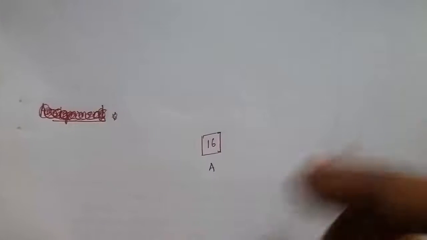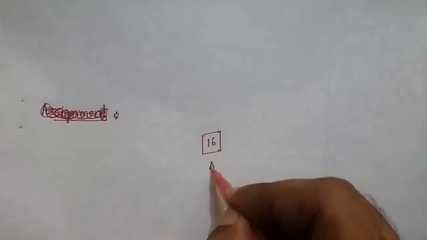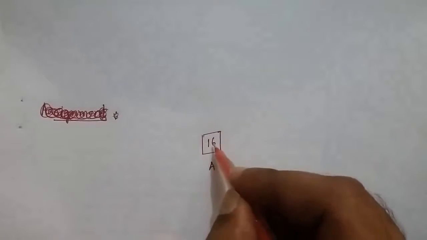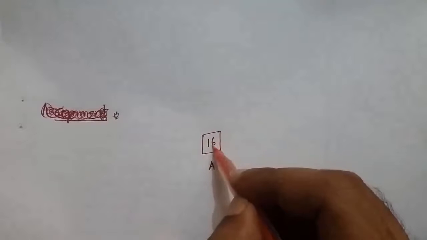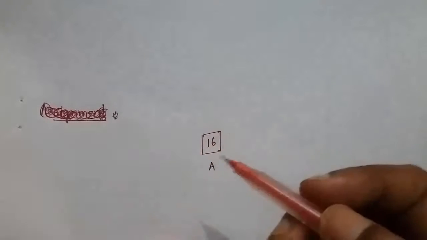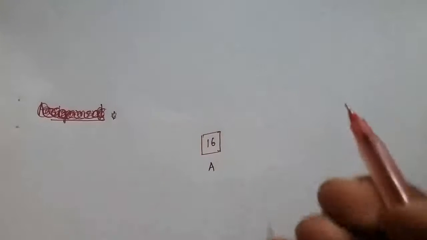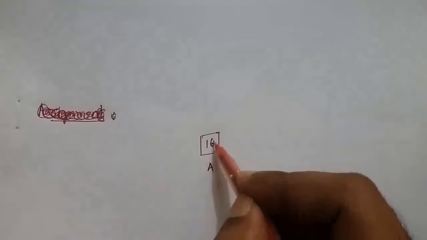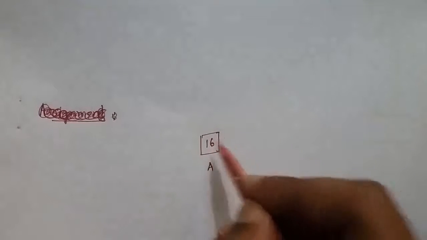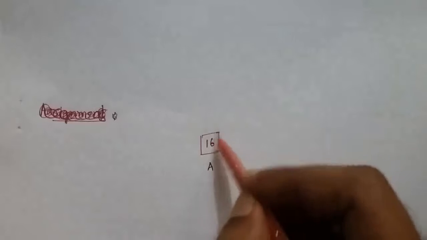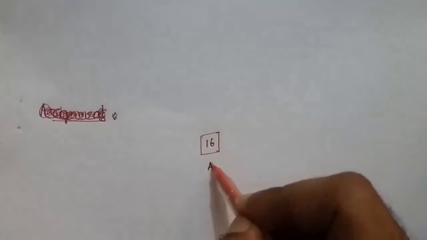So that means you have to tell that there is a place in the memory location A, and inside A one actual value, meaning literals or constants. So 16 is a constant value or a literal value which is stored inside this memory place.